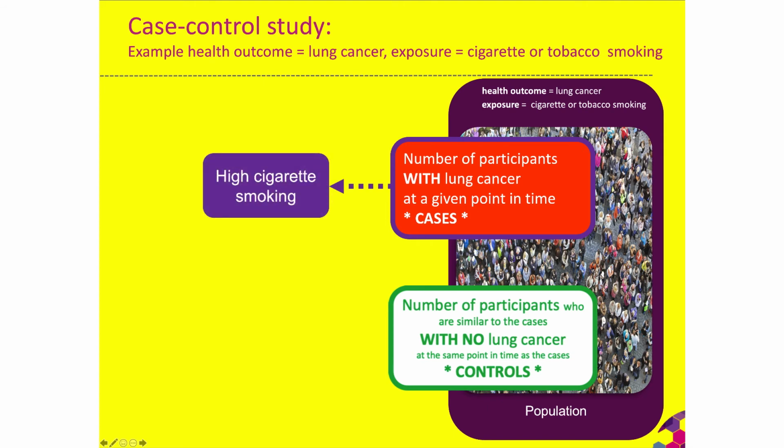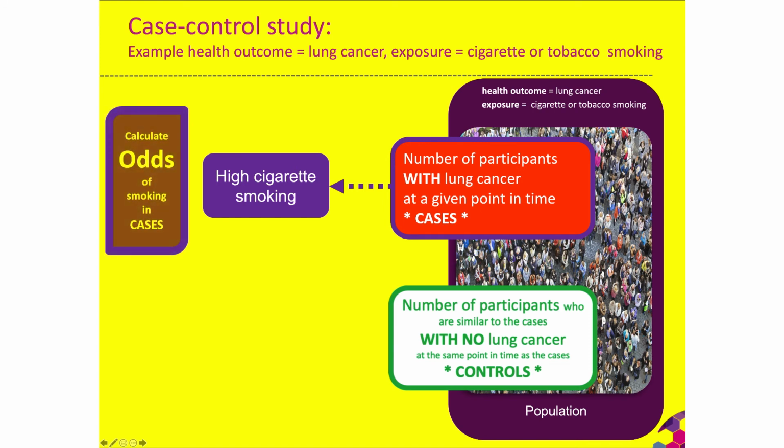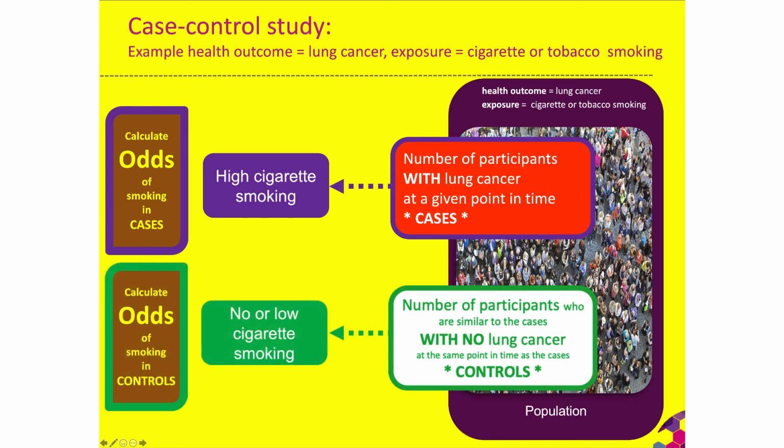And we find that the cases are exposed to high levels of cigarette smoking, and we can calculate the odds of smoking in the cases, and then we calculate the odds of smoking in the controls, knowing that the controls are likely to have lower or no cigarette smoking.